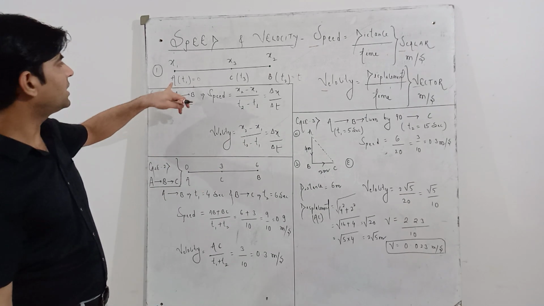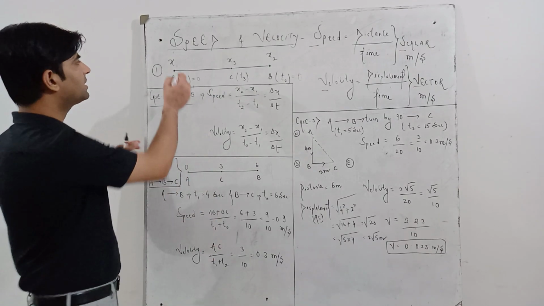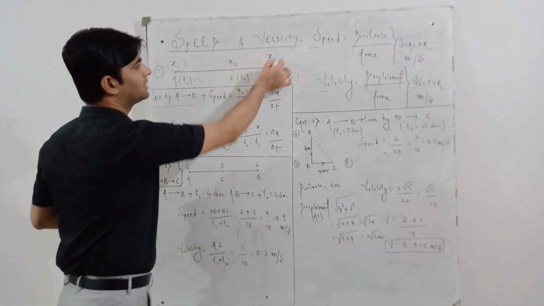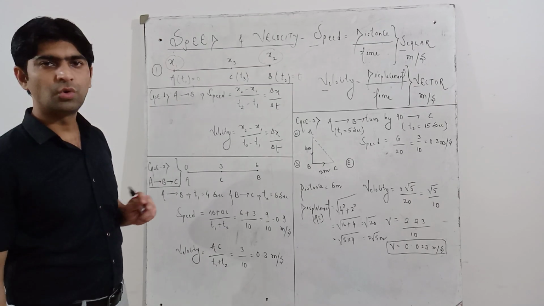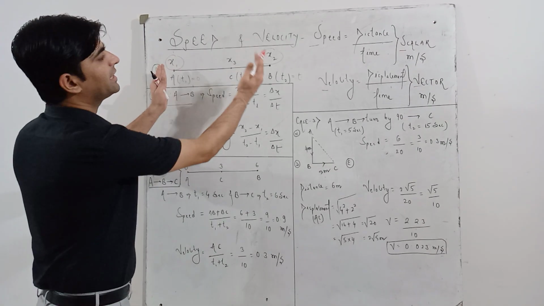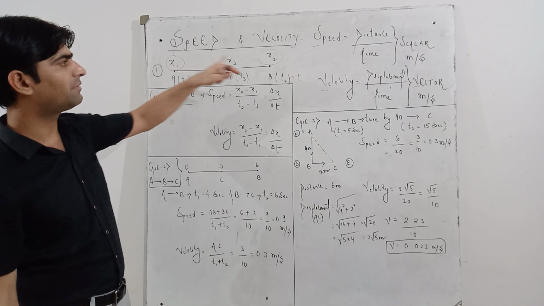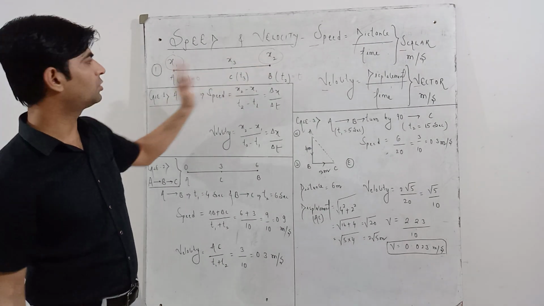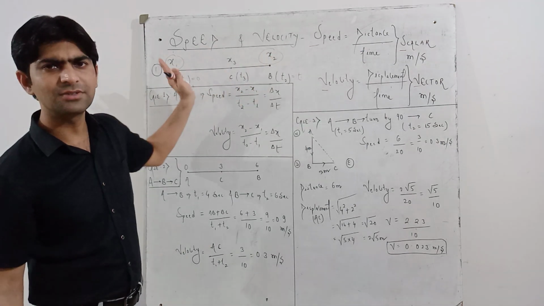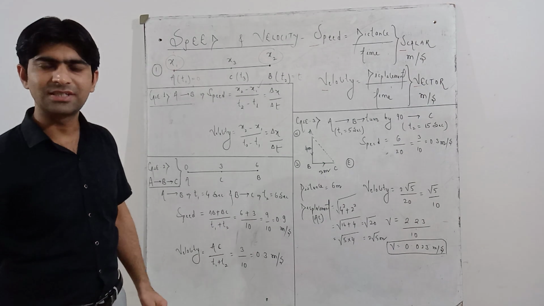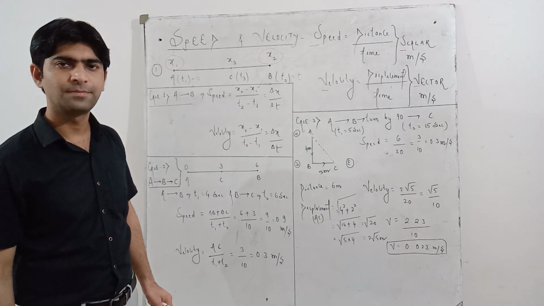For point A to B, here the point is written x1 and here x2. So what will be the separation between point A and point B? x2 minus x1. If I write 0 here and 5 here, the total length of the line will be 5 minus 0. Similarly x2 minus x1 will be the total distance.